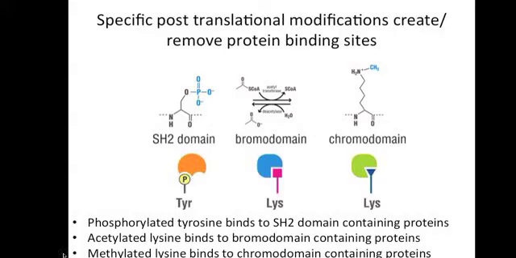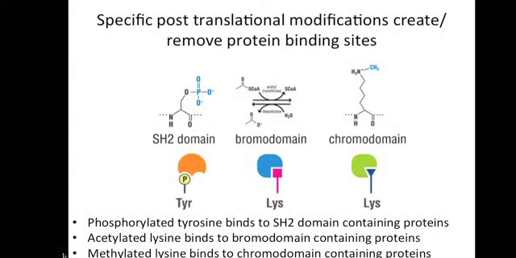Now, what if there's two phosphates? You cannot double phosphorylate a tyrosine. Only one phosphate group can be added. But sometimes you will have multiple phosphorylations on a protein that might specifically create a binding site for specific proteins. Is this something specific we should remember? Yes, because this is key to understanding chromatin structure and function.